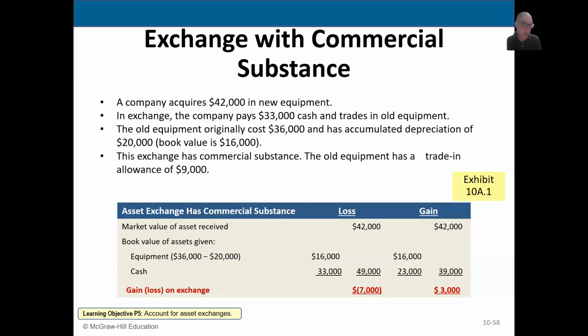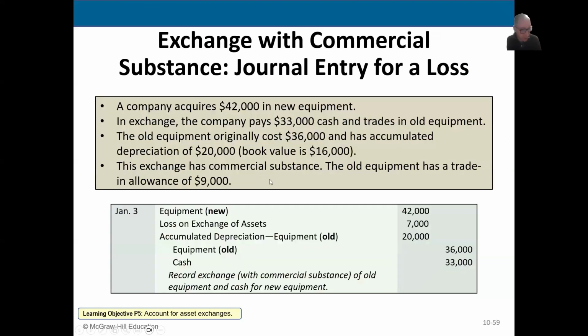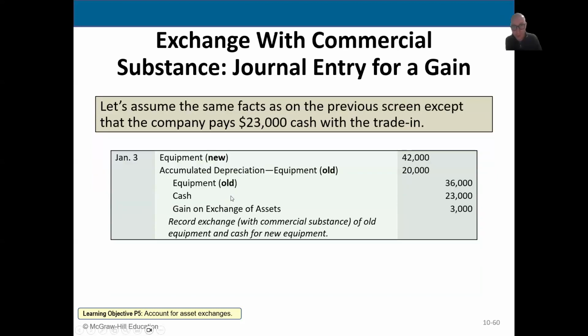So that's where this concept comes into play. We're not going to dive terribly deep into it, but I just wanted you to understand how exchanges work. It's a similar concept to a gain or a loss on the sale of a fixed asset. It's the same way, but just kind of different.